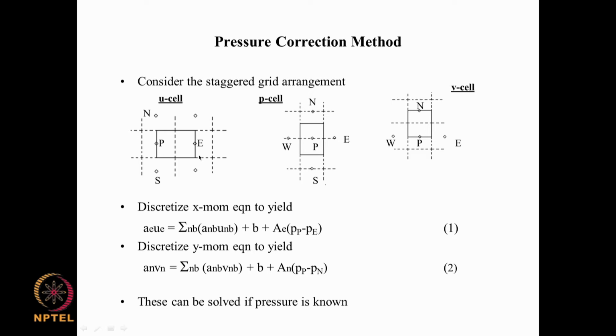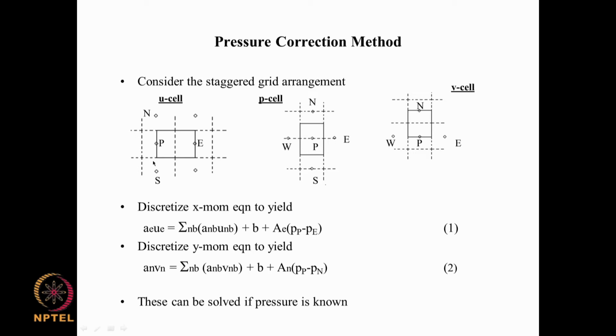Over this control volume, which spans half a grid distance in each direction, that is east, west, north and south, we can integrate as we have done here, and then we can come up with a discretized x momentum equation.